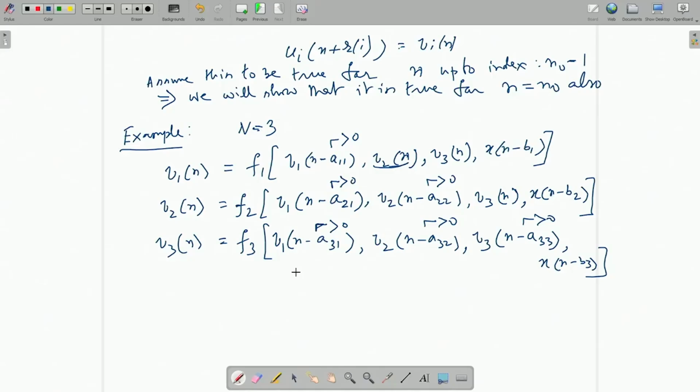So, this is very important, that every V1n, V2n, V3n are eventually functions of the past values of V1n, V2n, V3n, even if the corresponding delays in the DFG are shown to be 0, but that means nothing. Effectively, each of the node outputs is dependent only on their past values.